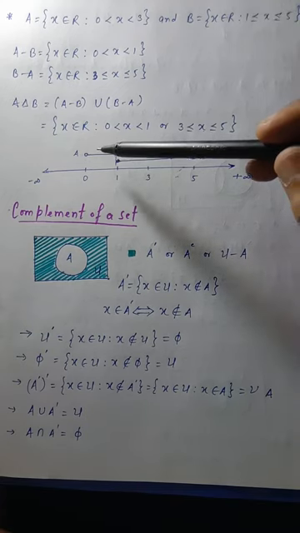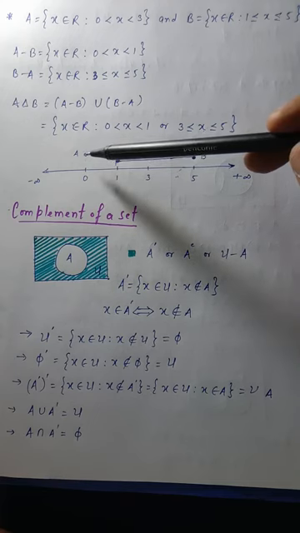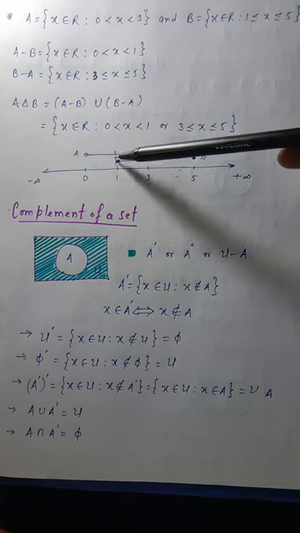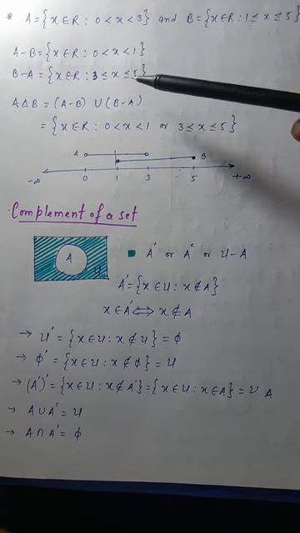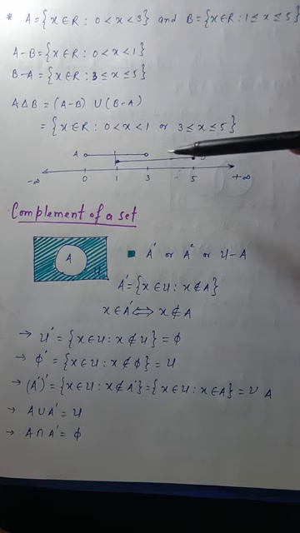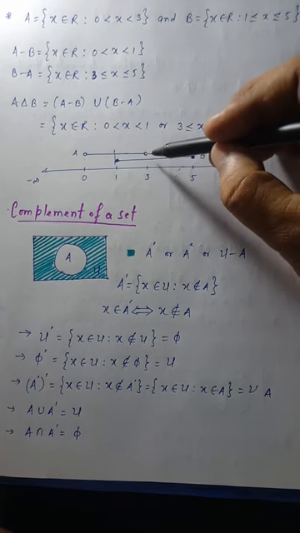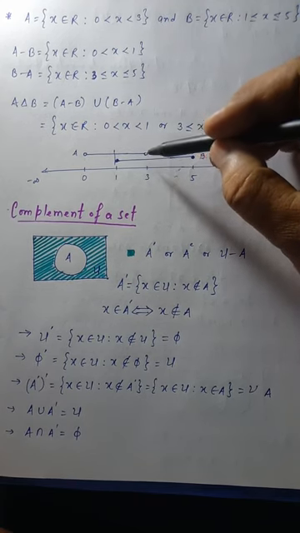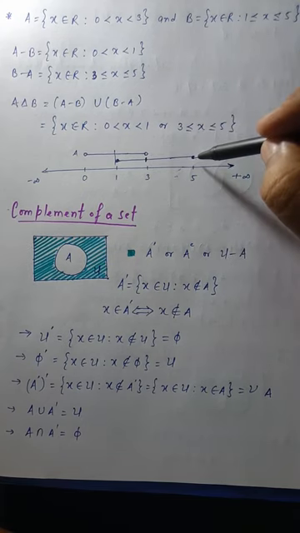So we have to take those elements which are present in A but not in B. So these elements are actually greater than 0 and less than 1. So this is A minus B, and for B minus A, take those elements which are not present in A but present in B. So see here, this portion actually is not in B. So we will write that this B minus A will be from 3 to 5.